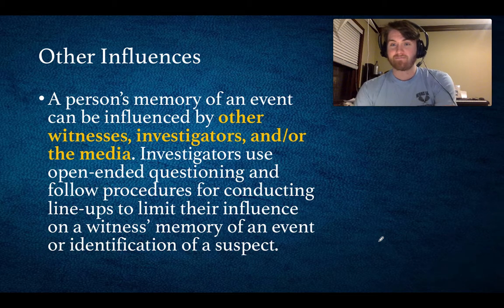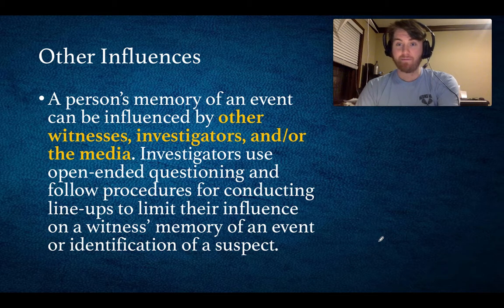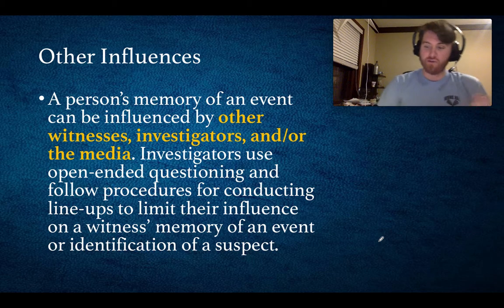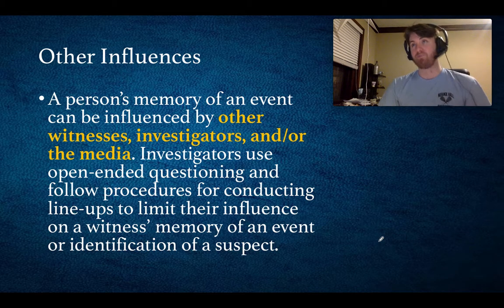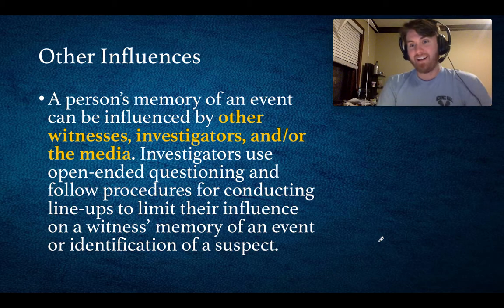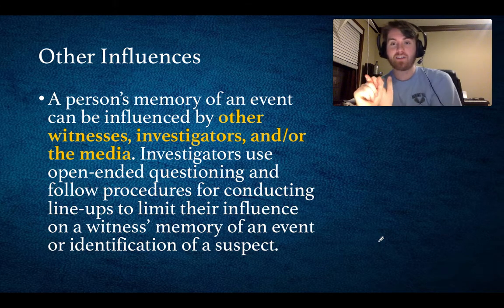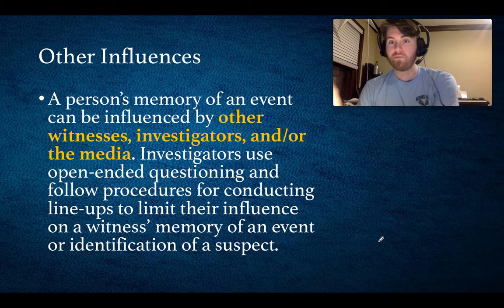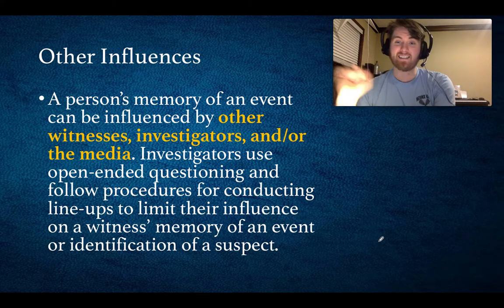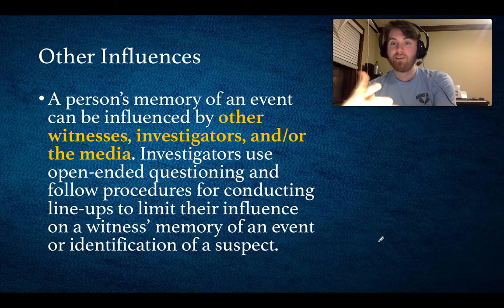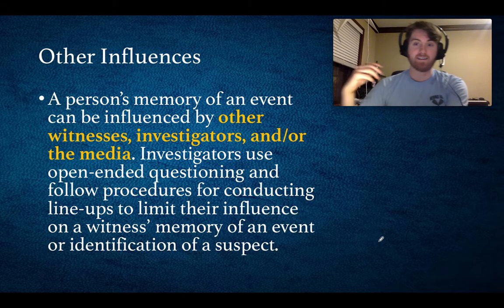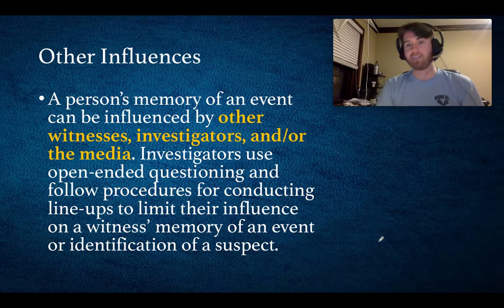Now, there are a lot of other things that can influence eyewitness testimony. Do you remember way back in Unit 1, the second step of a crime scene? The first one is to secure the scene, to make sure that everything's safe, there's no danger around. The second one is to separate the witnesses. And we talked about something called collusion. That is, you're saying something and I'm saying something, and we're comparing stories.